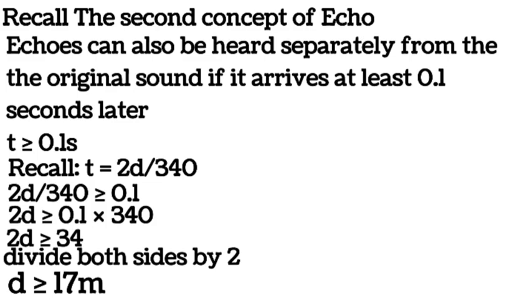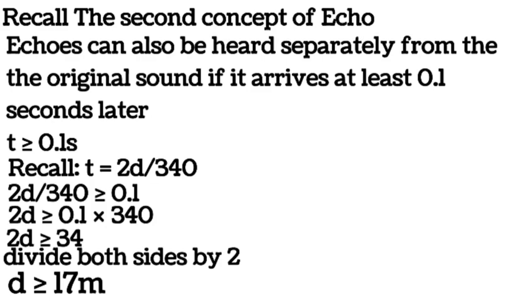So you can see that the distance before you can hear an echo should be greater than or equal to 17 meters. And this is how we got our first key concept, where we said echoes are affected by distance and can only be heard when the minimum distance between the source of sound and reflecting surface is about 17 meters.